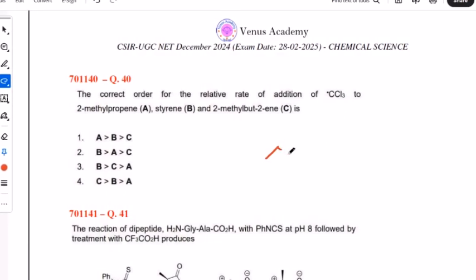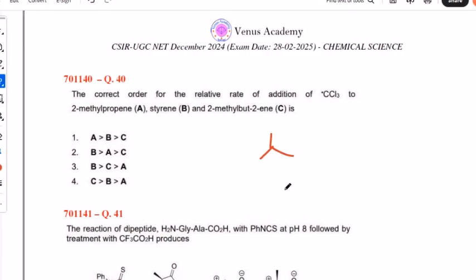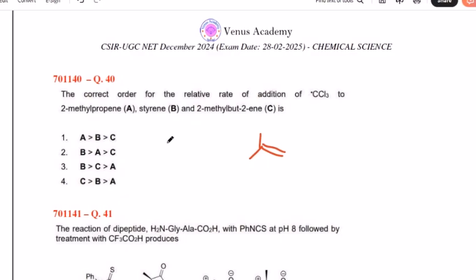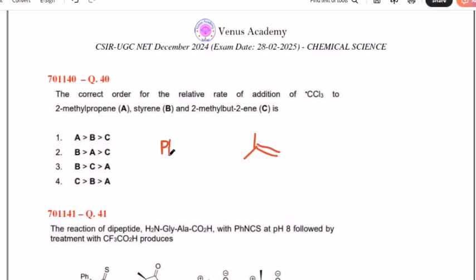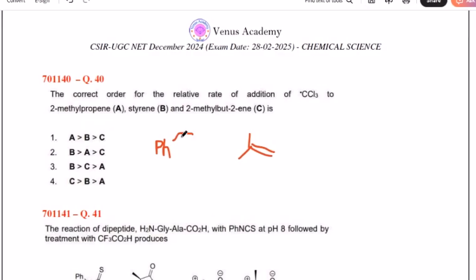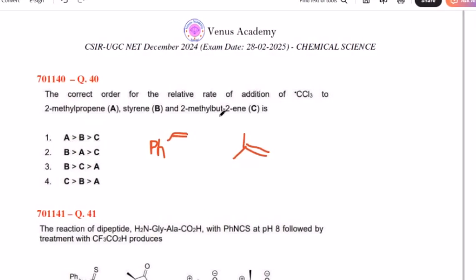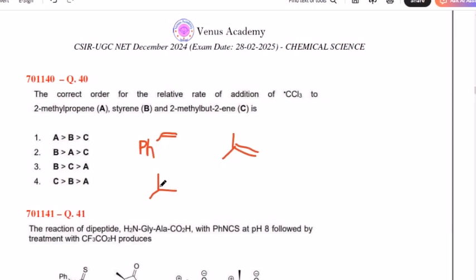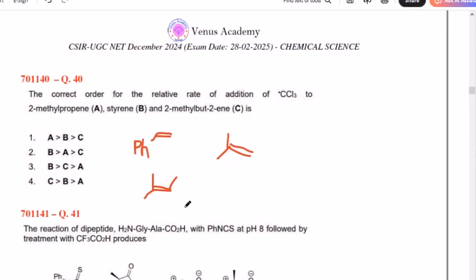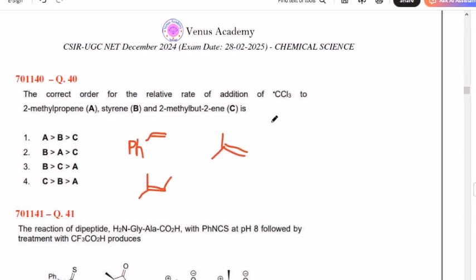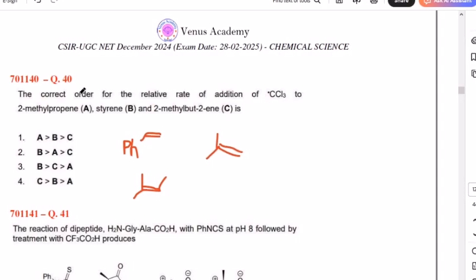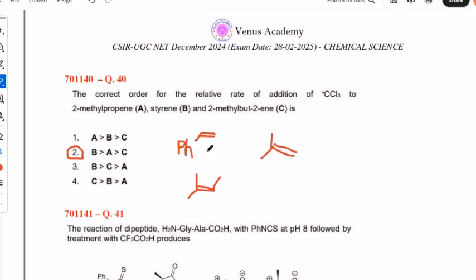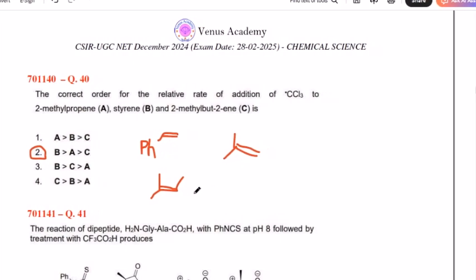What is this? 2-methyl propene, A. Styrene, that is phenyl, B. And 2-methyl 2-butene, C. So the correct order is option number 2, that is B. Styrene is going to be highly reactive, then A, then C. Option number 2 is the correct option, friends.